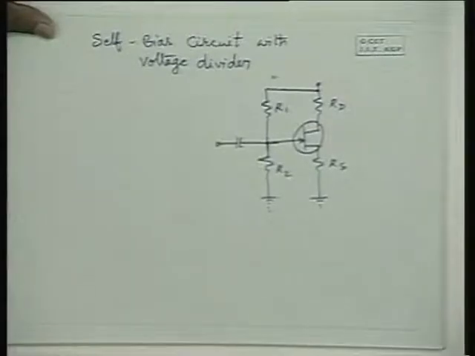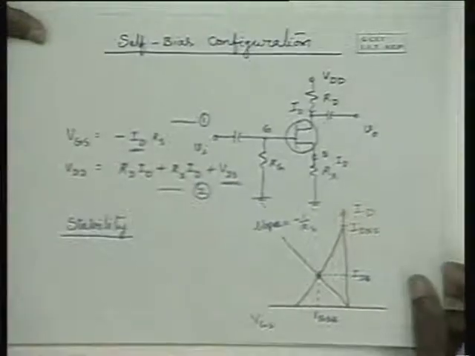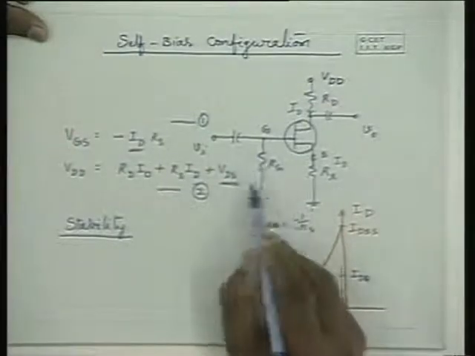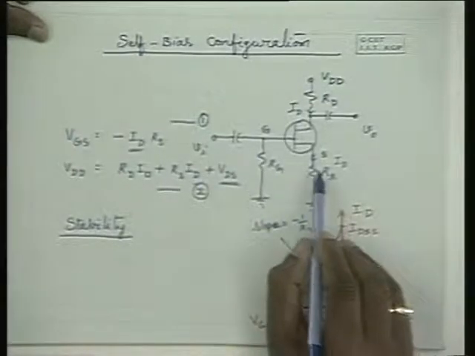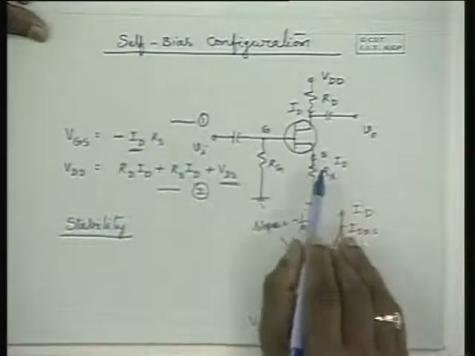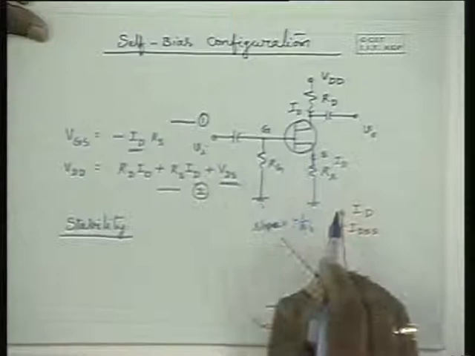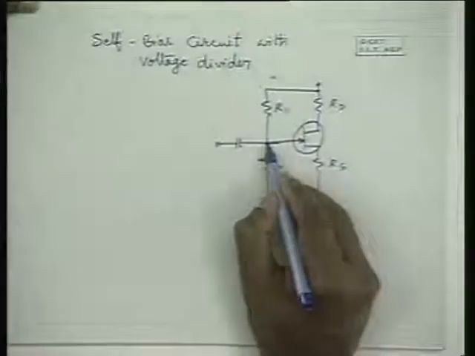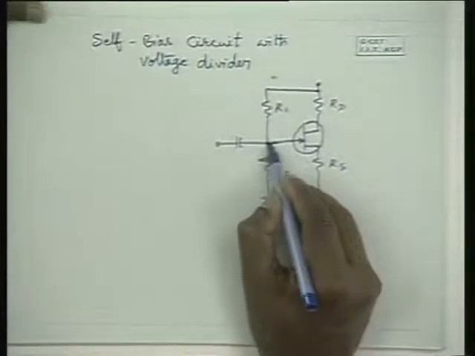In the previous circuit, that is the self bias circuit, there was no additional voltage drop here. Whatever was the voltage drop across RS, that is the gate to source reverse voltage potential. Here we are providing something more than this. Through this voltage divider, we are providing some fixed voltage to the gate.